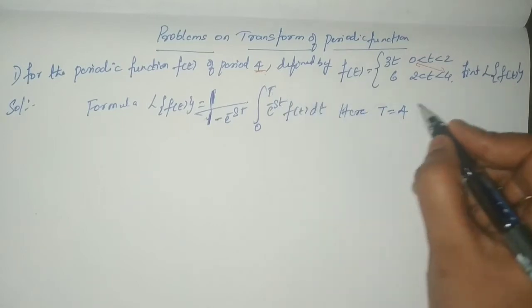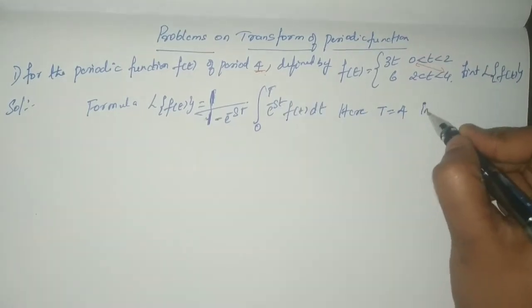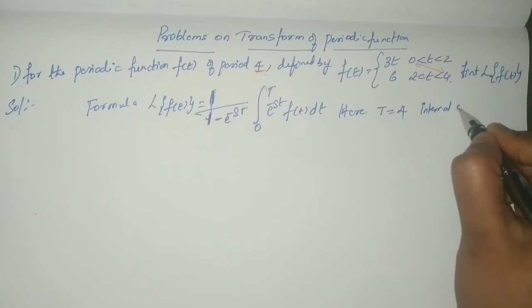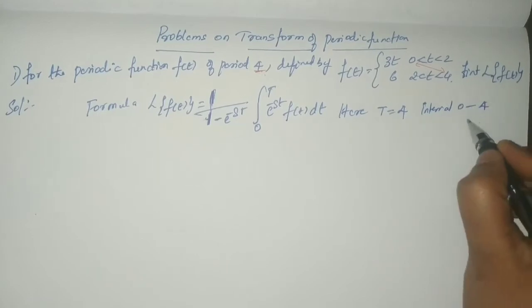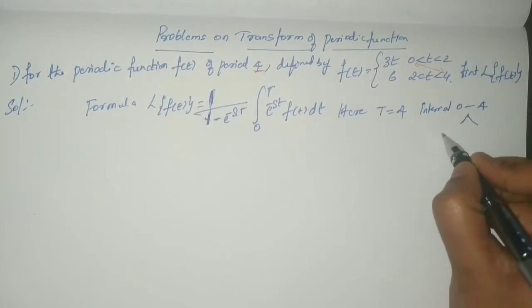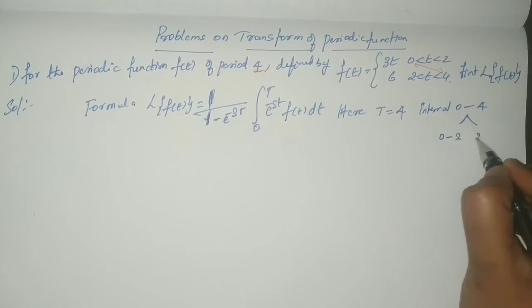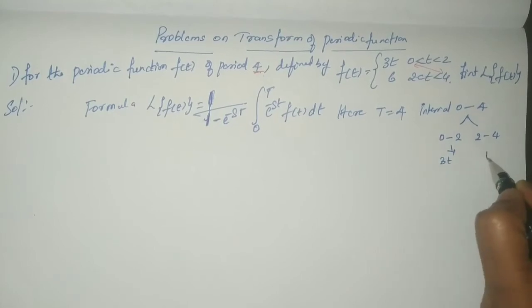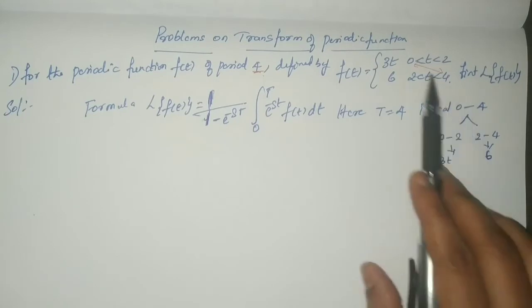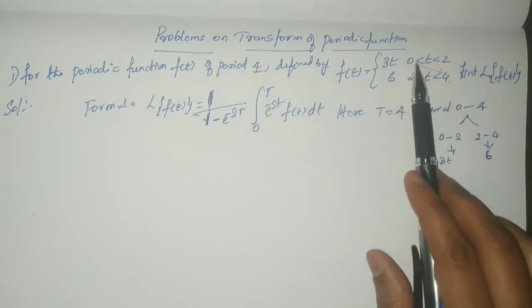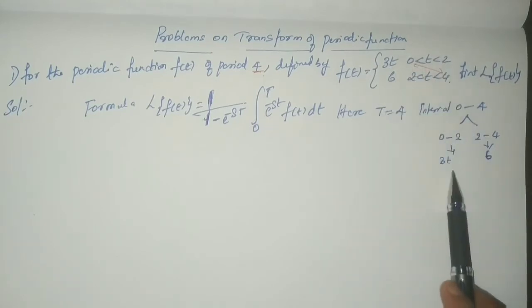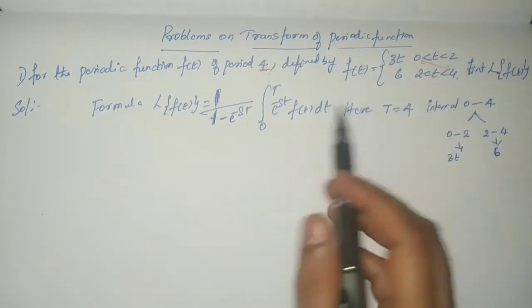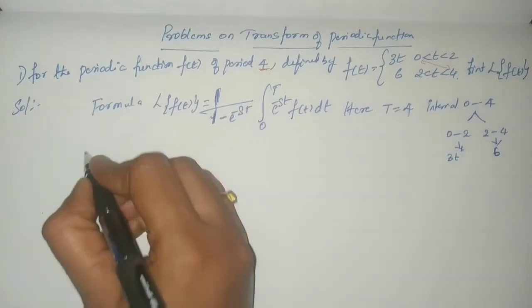And instead of 0 to T, our total interval is from 0 to 4. The 0 to 4 is split into 0 to 2 and 2 to 4. Here the function is 3t and here the function is 6. Okay, 0 to 4 is the total interval, but at 0 to 2 we have 3t and at 2 to 4 we have 6. So now let us start substituting all this in our formula.